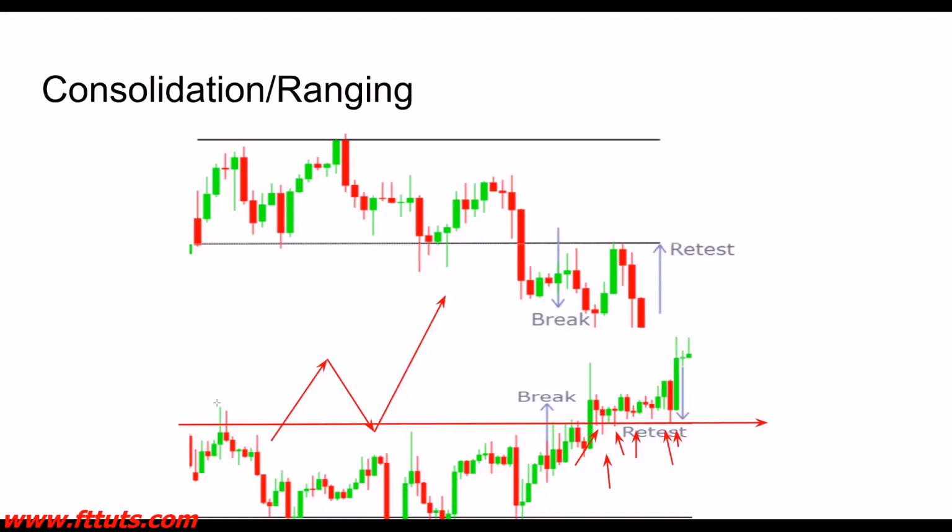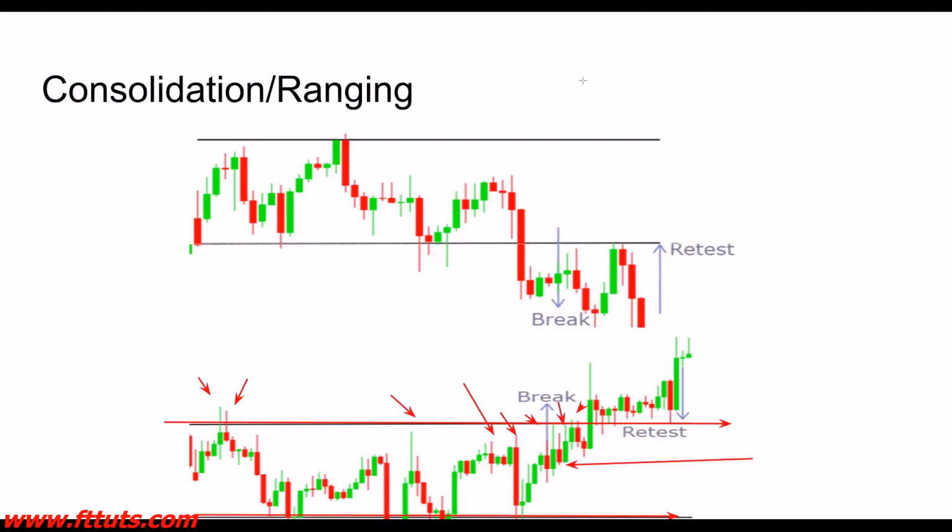So let's piece this puzzle together. This is a strong level of resistance, indicated to us in the past with rejection candles. Price fails to break the structure level and fails to break structure lows, which clearly indicates this is a range market.